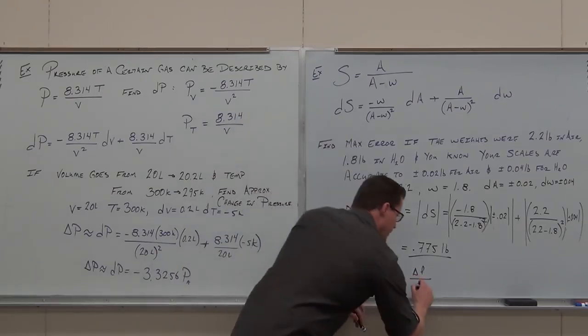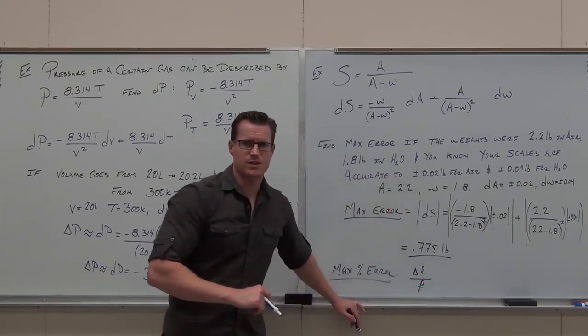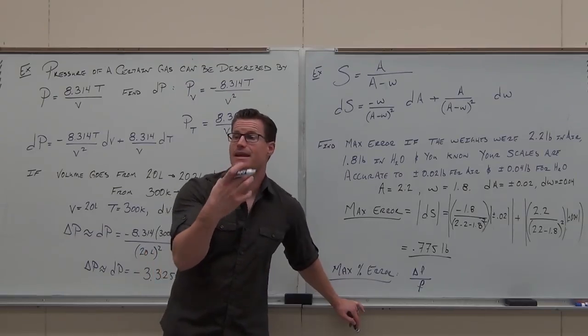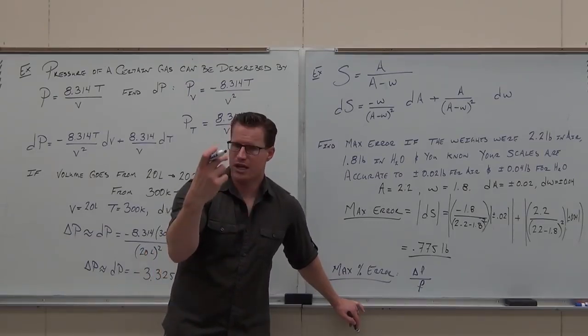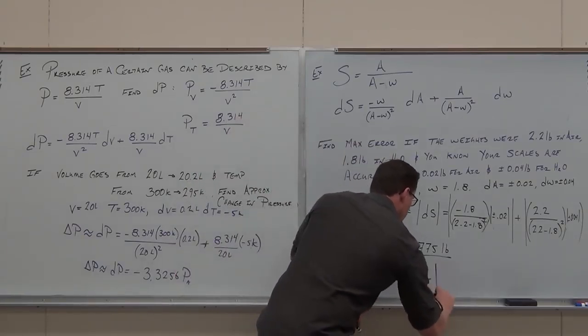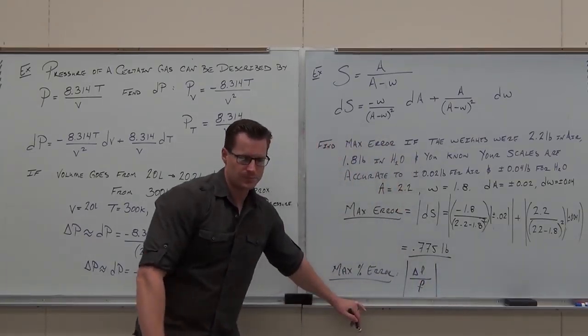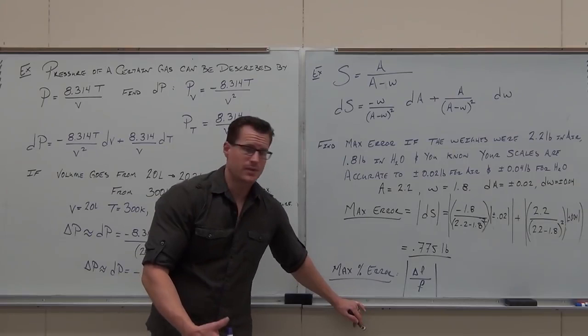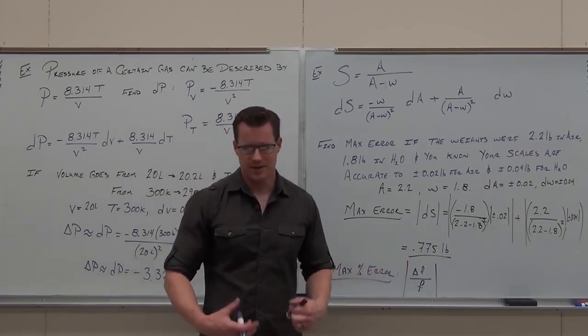Take the total error and divide it by the actual function value itself. That's going to give you a percentage of the function that is in error. So dividing the change by the total gives you a percentage. That's what we're doing. And we always consider it to be absolute value. You guys okay with that one? So it'll of course be approximated by the df, by the differential.